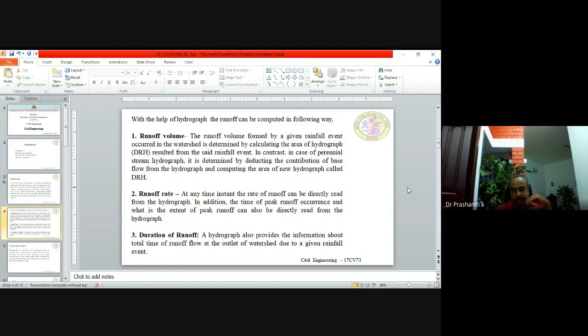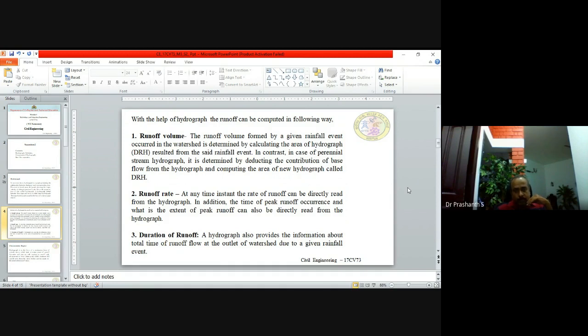In contrast, in case of a perennial stream hydrograph, it is determined by deducting the contribution of base flow from the hydrograph and computing the area of the new hydrograph called the direct runoff hydrograph.